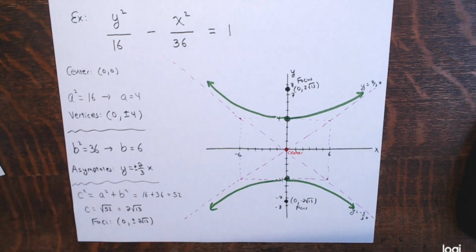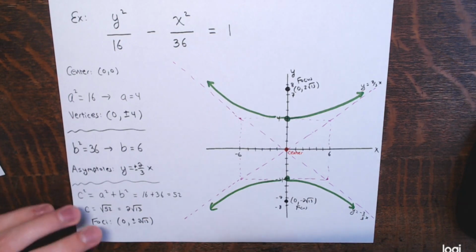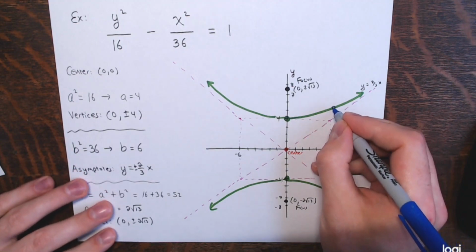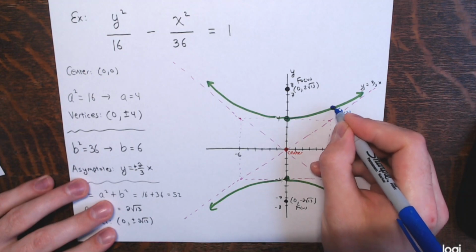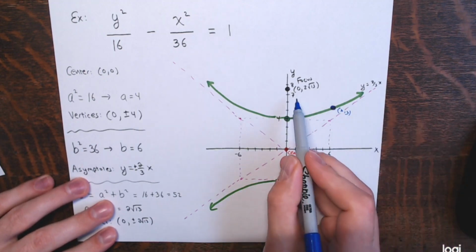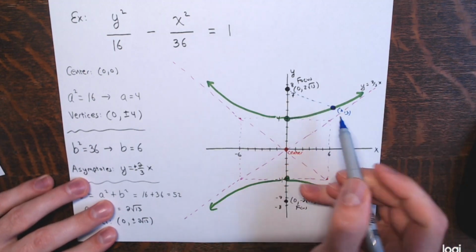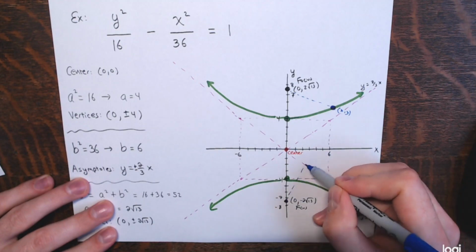And again, the whole reason we're finding the foci in a lot of these problems, the whole reason they're important is this. If you were to take any point x, y on one of these branches, take the distance to one focus, the distance to the other focus, and subtract them.